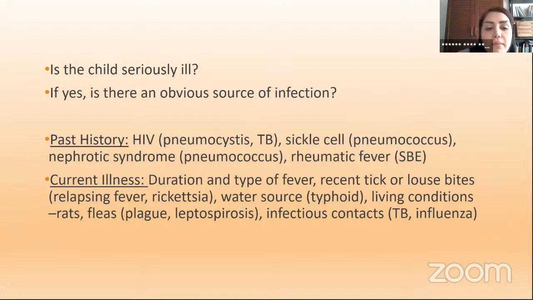Also, some past medical histories are important in children, with a past history of diseases like HIV, sickle cell, nephrotic syndrome, and rheumatic fever, because the chance of some special infections in these patients will increase, and you should know about it.